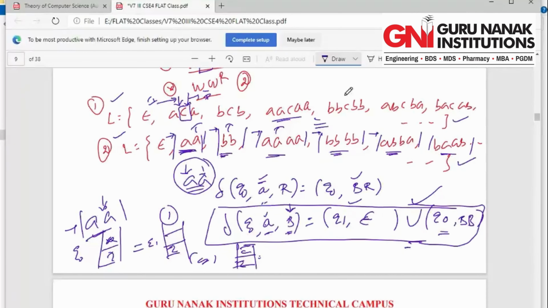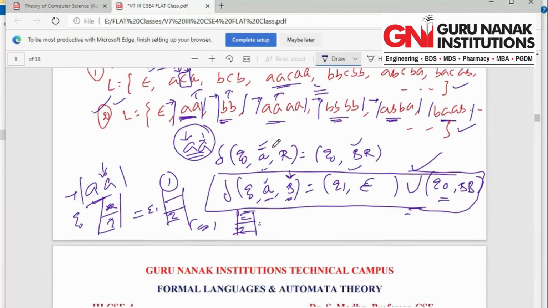Up to C is only insertion. After C only we start removing elements. But in this case, you cannot decide like that. All of you understood this? Yes or no? Emma, all of you clear this or not?